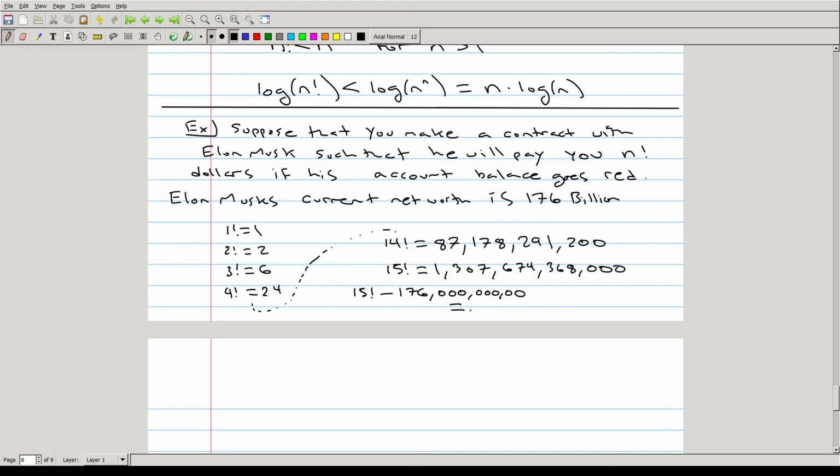Or he's going to owe you 1,131,674,368,000. Oops, and I just realized I shorted myself. One more zero here and one more zero here. So I think this is a very cool example showing how fast the factorial function grows. After 15 days, you're all the way up to over 1 trillion.